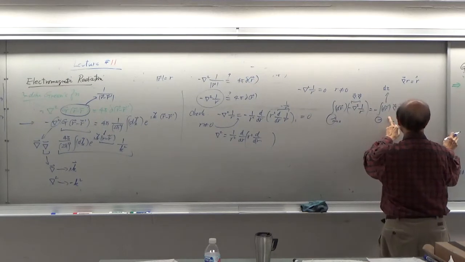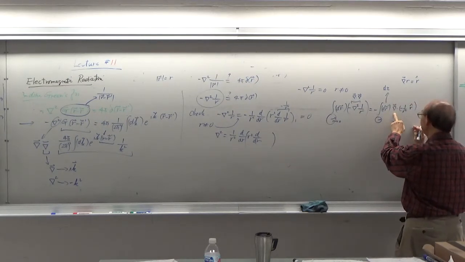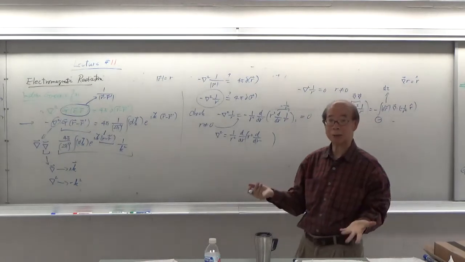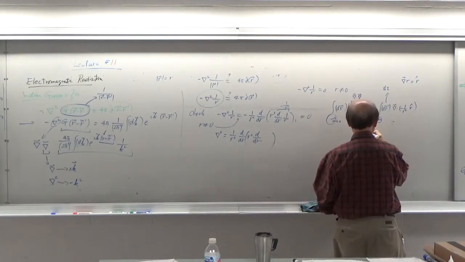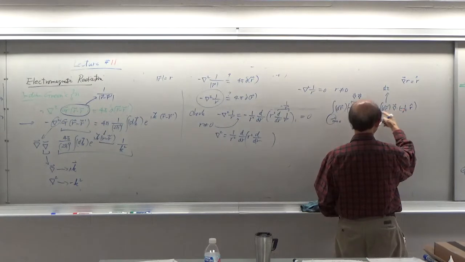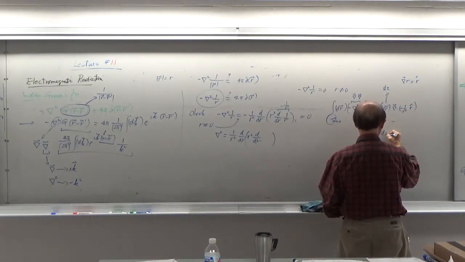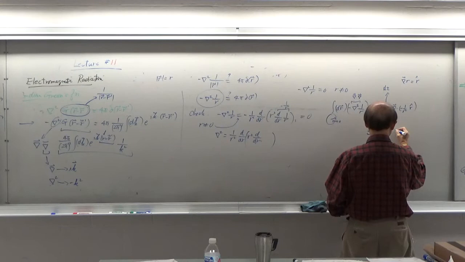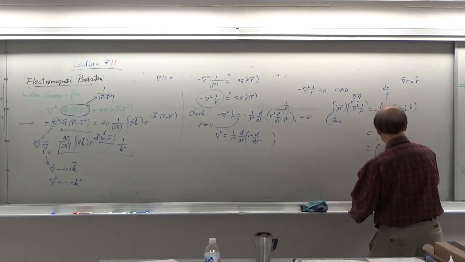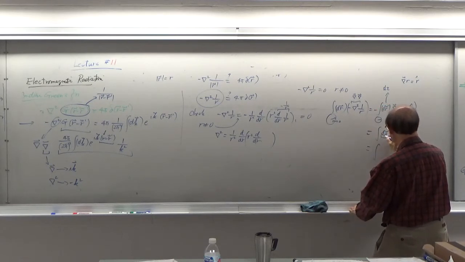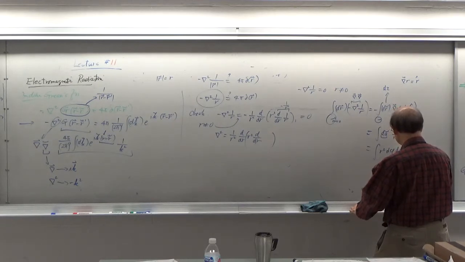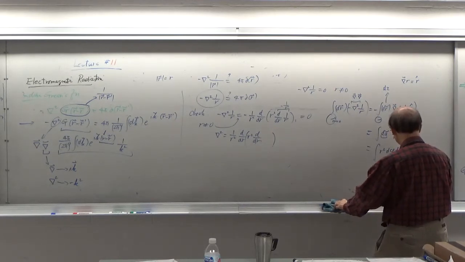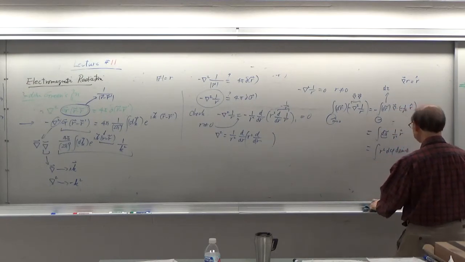And now, obviously, this is a volume integral of a divergence. We can now use Gauss's theorem to convert it into a surface integration. So the minus becomes plus, and this becomes dA dot 1 over r squared r hat. This dA has radius r squared, so r squared d phi d sine theta, well, I can use cosine theta.